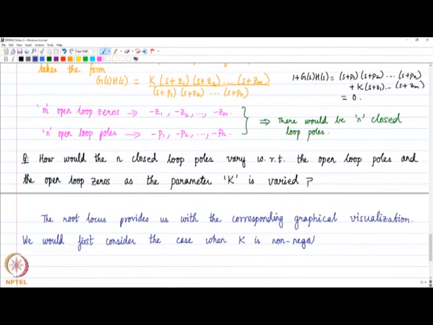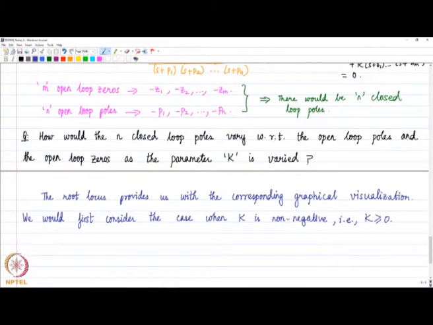Then we will see what happens for the other case also. We will go one case at a time. So that means that k is greater than or equal to 0. Of course, strictly greater than 0, because equal to 0 doesn't make sense. So essentially k should be a positive parameter.